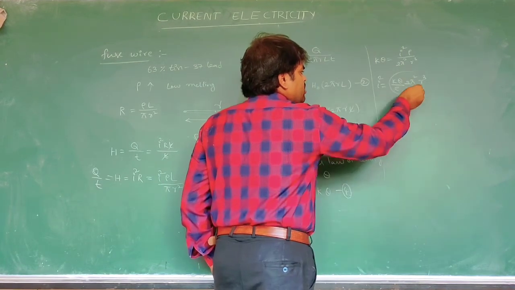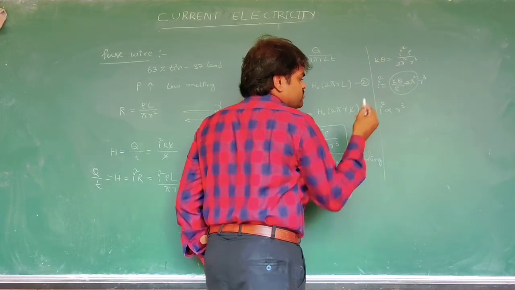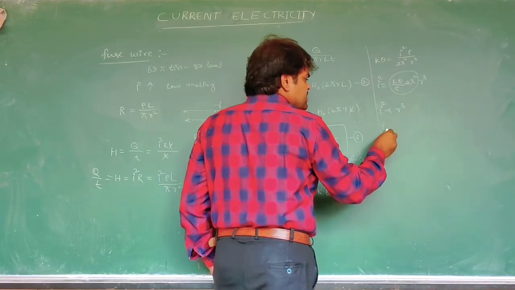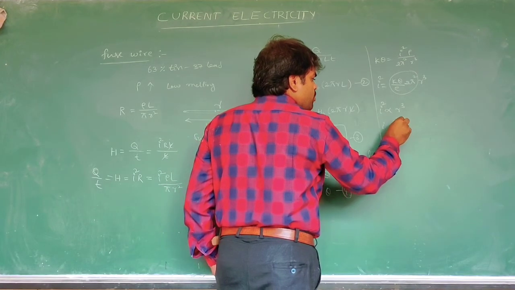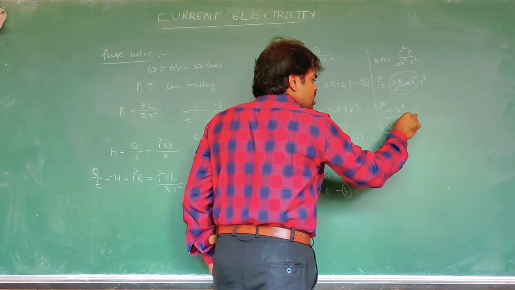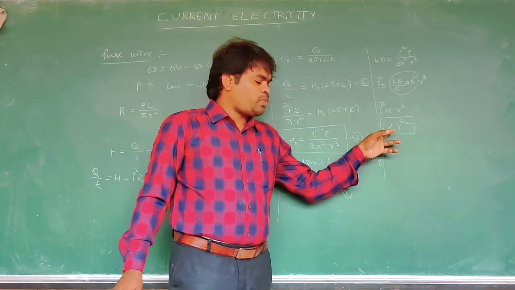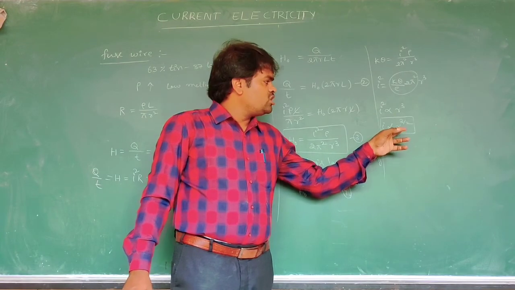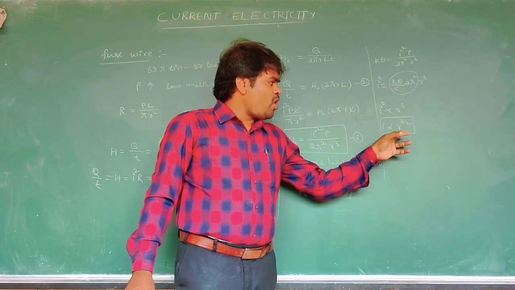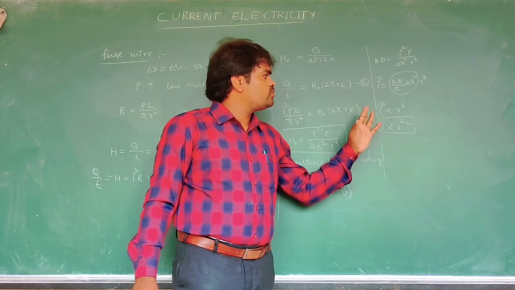Here these terms become a constant, then I square is proportional to R cube. Here I is proportional to R power of 3 by 2. Here we can see that the current in the fuse wire is proportional to the radius of the fuse wire to the power of 3 by 2.